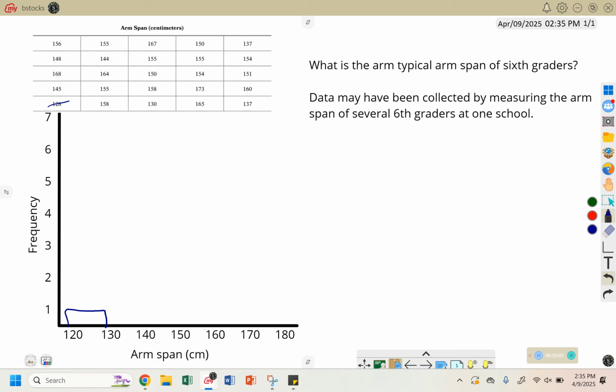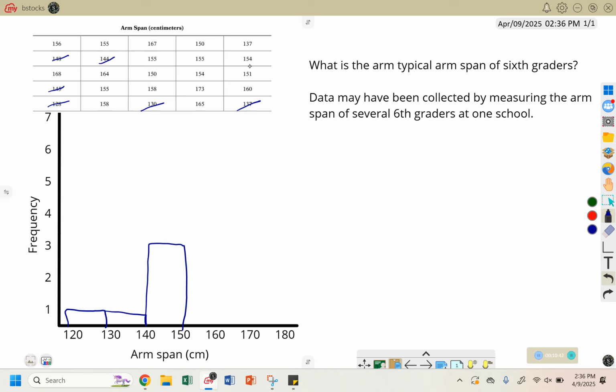From 130 to 140, there's 1. From 140 to 150, 1, 2, 3. Oh, I see more from 130 to 140.